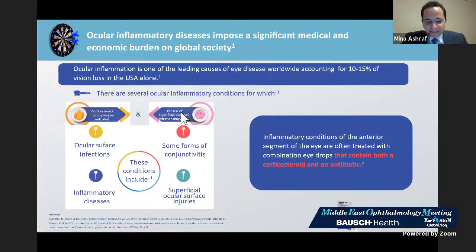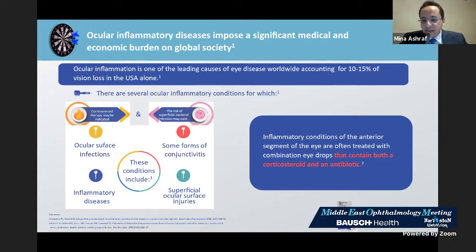These conditions include ocular surface infection, inflammatory diseases, some forms of conjunctivitis, and superficial ocular surface injuries. So these are inflammatory conditions of the anterior segment of the eye that need corticosteroid therapy, where there is a risk of superficial bacterial infection.